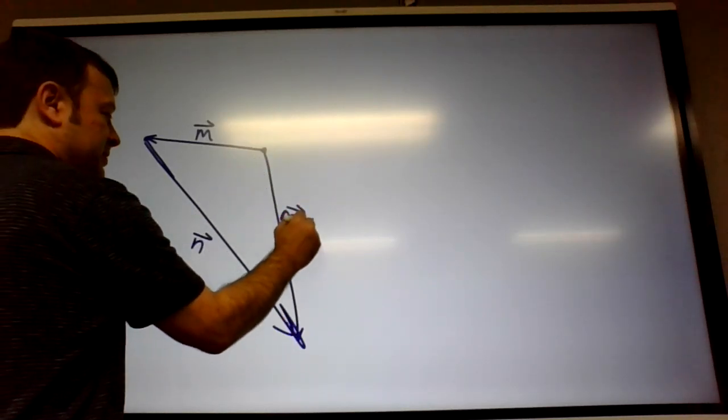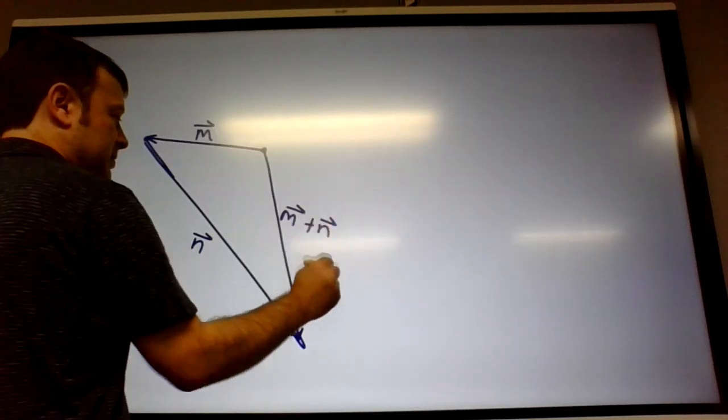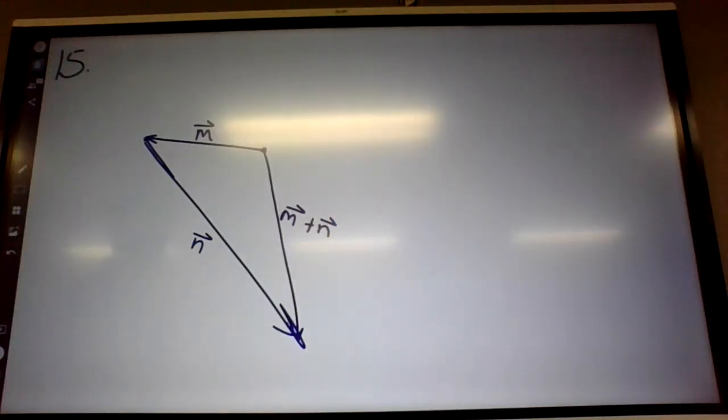Okay, and then the resultant vector that you get from adding those two together is basically this vector right here. This is vector M plus vector N. We'll see how accurate my picture was. You can find the vector by just adding the components, right?